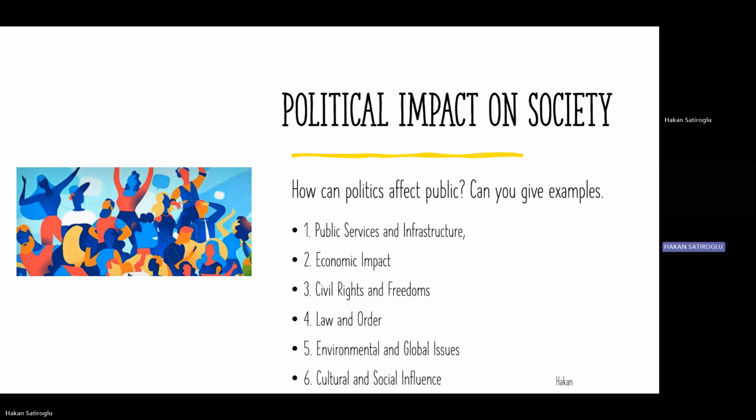Okay, let's go to law and order, policing, for example, justice, laws passed by governments that shape the criminal justice system. And imagine this is our society and it's affecting our life.